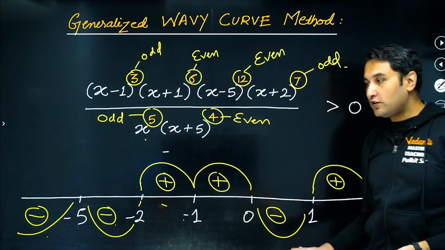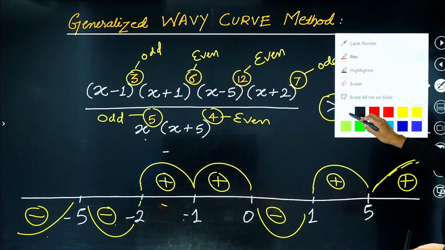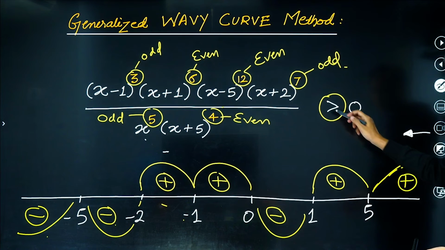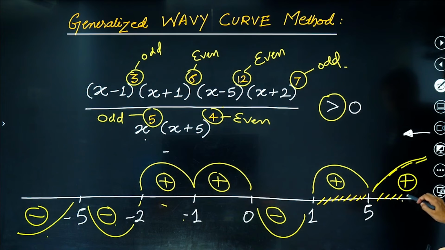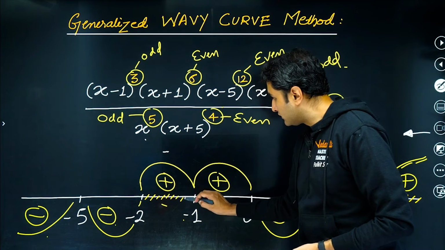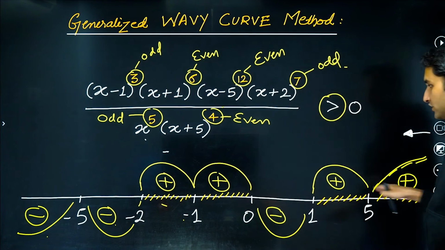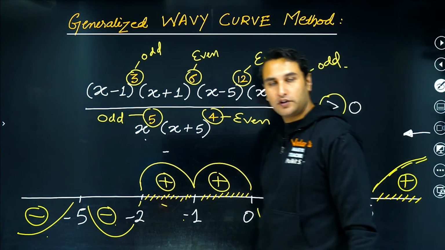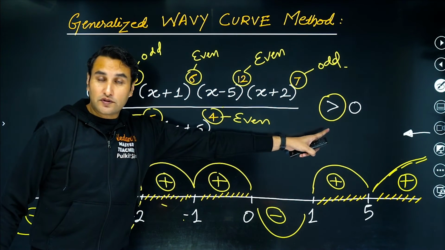If it is greater than 0, now the question is greater than 0. What will you do? Just select the greater than 0 portion. The shaded portion is the portion that you want. It is greater than 0. Is it equal to 0?